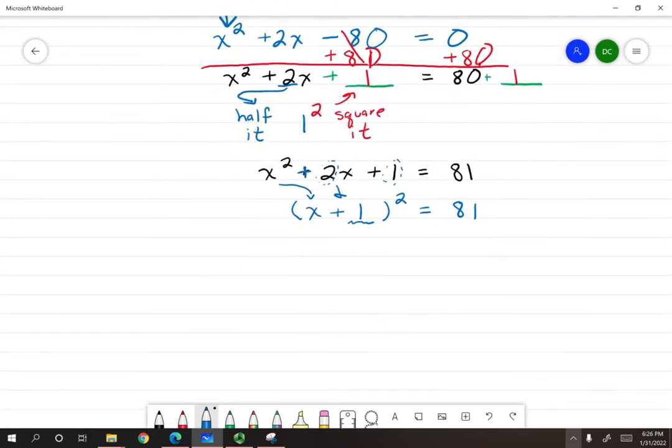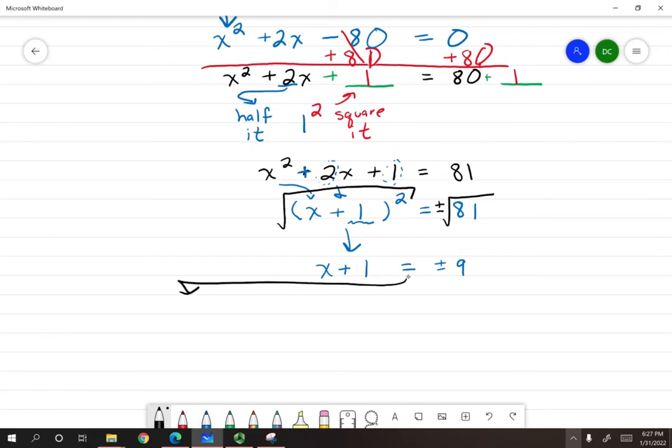From here, I take the square root of both sides, and here I can't forget my plus or minus. I like this one better because it doesn't involve a gnarly fraction. Square root squared means I just have x plus 1 equals plus or minus the square root of 81 is 9. From here, I break it up into my two equations.